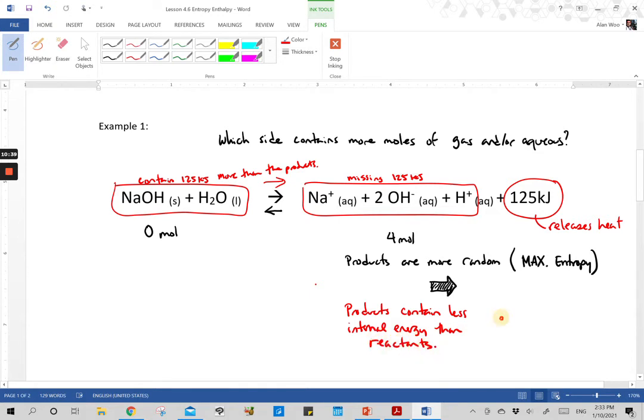Okay. Therefore, the products have minimum enthalpy.